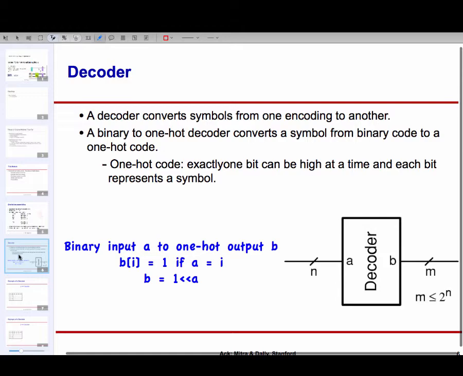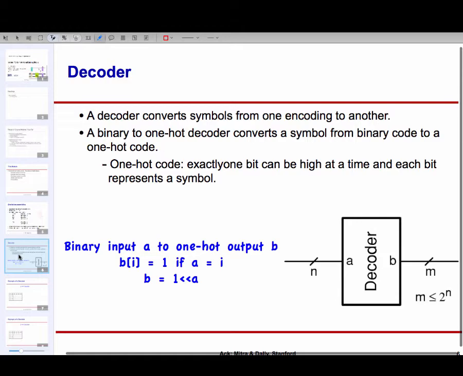Now, usually when we say to decode something, we are taking something in a more complicated form and decoding it into a simpler form. So we are taking encrypted information and decoding it into plain text. Decode kind of implies going from something complicated, hard to understand, to something easier and simpler.